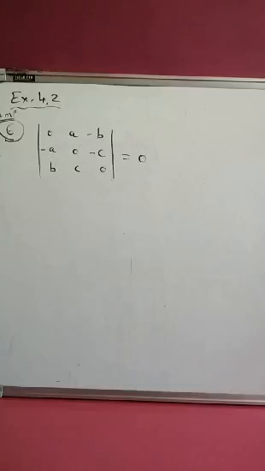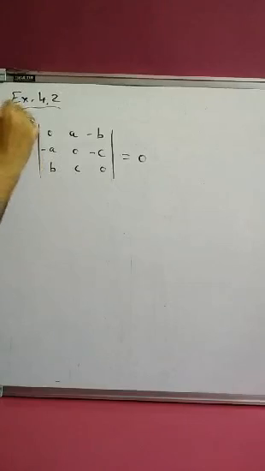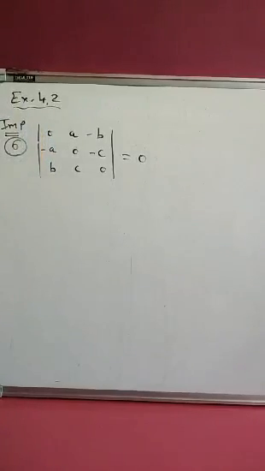First of all, you see it is a skew symmetric determinant, because the diagonal is 0. Whenever a skew symmetric determinant is there, we cannot use the usual process because we will not get our answer. We want our answer 0.